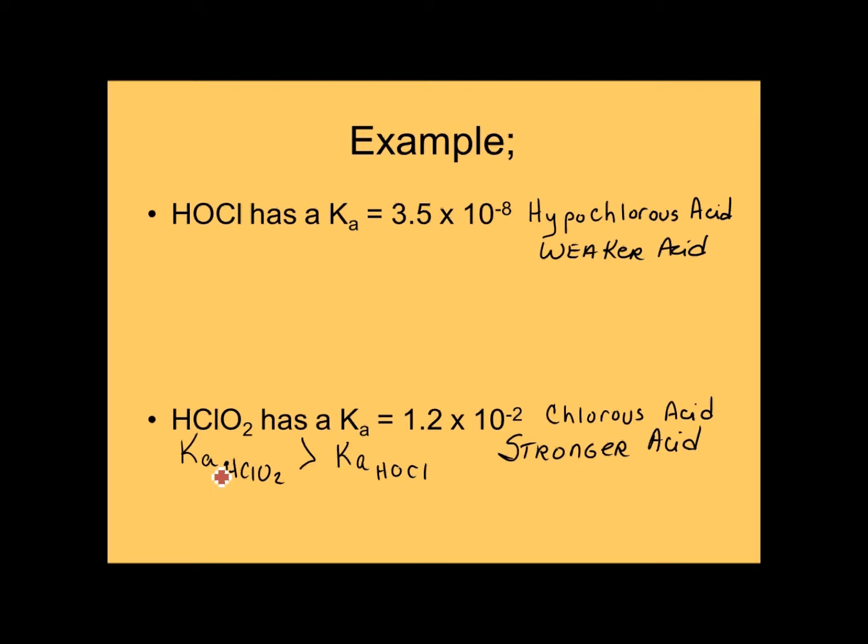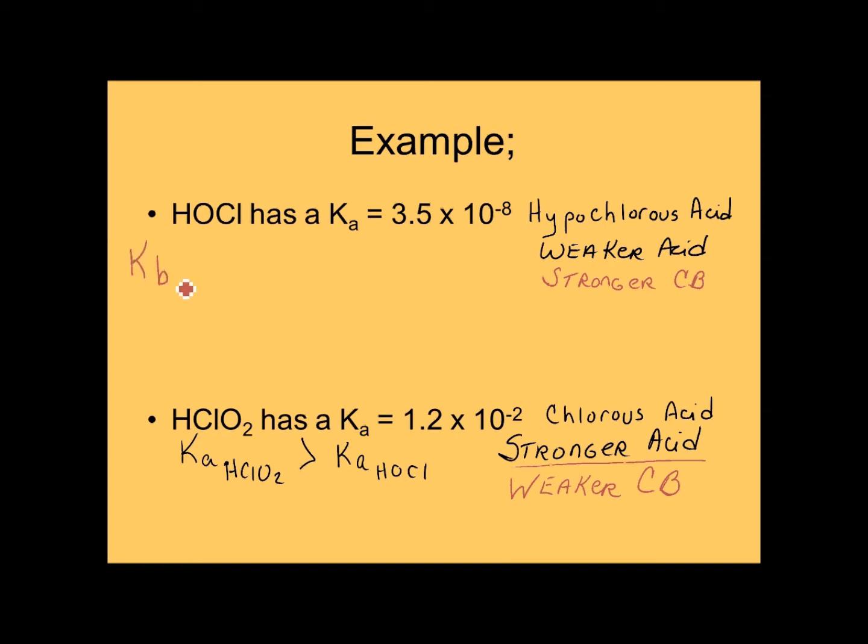So we're going to qualitatively determine that since the second acid is the stronger acid, it has the weaker conjugate base, which I'm going to abbreviate CB. Since this is the weaker acid, I'm going to predict that this has the stronger conjugate base. Now we're going to do that mathematically.